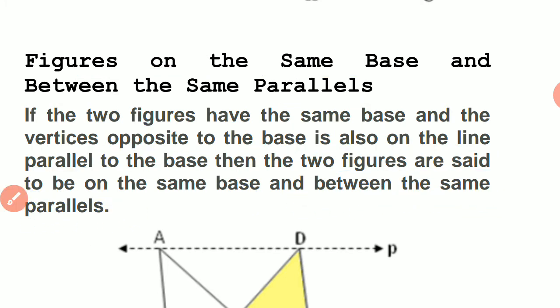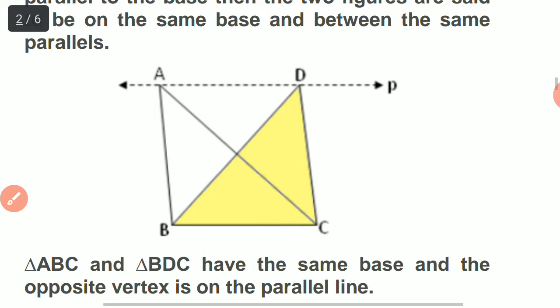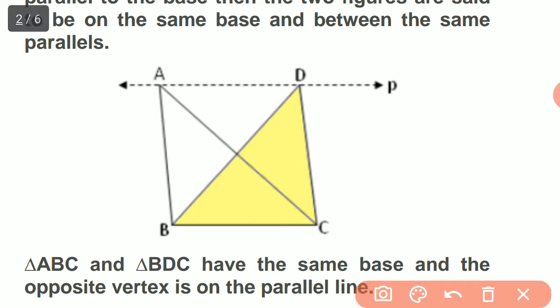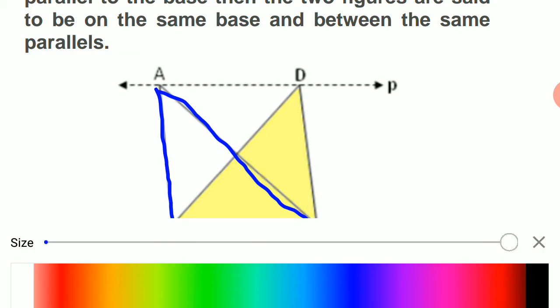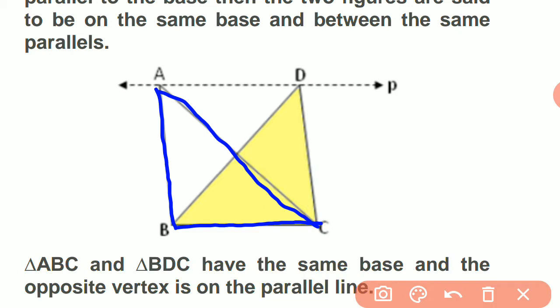It means, suppose this is triangle ABC and the second is triangle DBC.